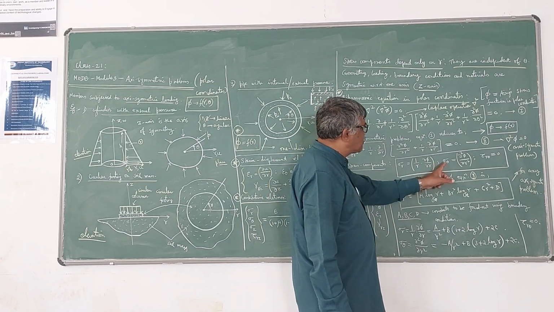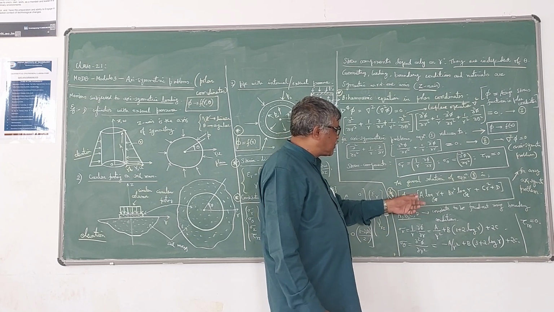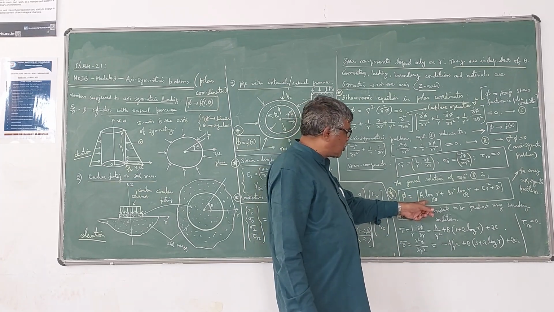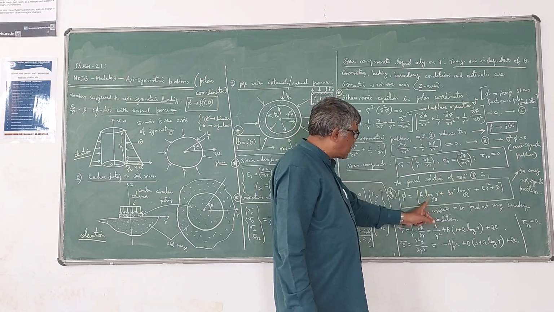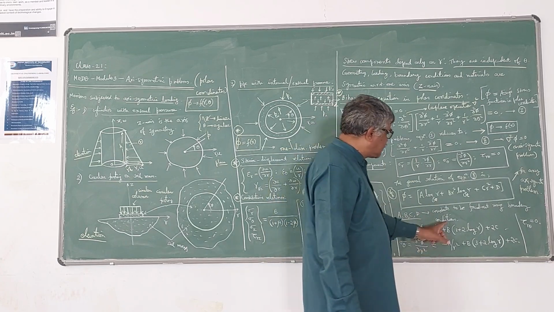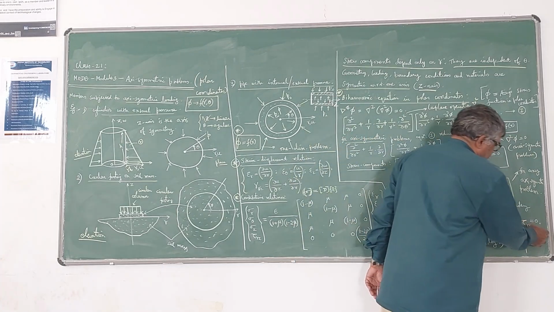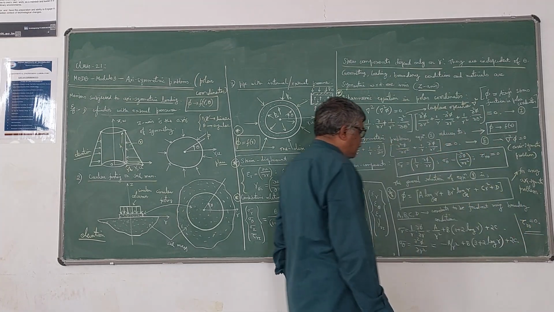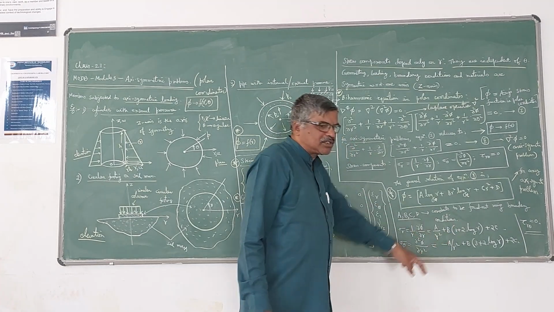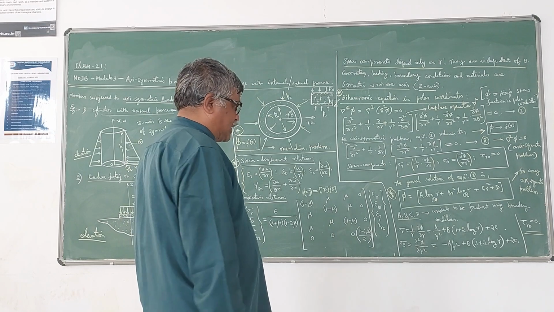Then sigma theta is ∂²φ/∂r², differentiating twice partially with respect to r, which gives this much. And of course tau r theta is 0. Here a, b, c are constants which we have to find out using the boundary conditions.